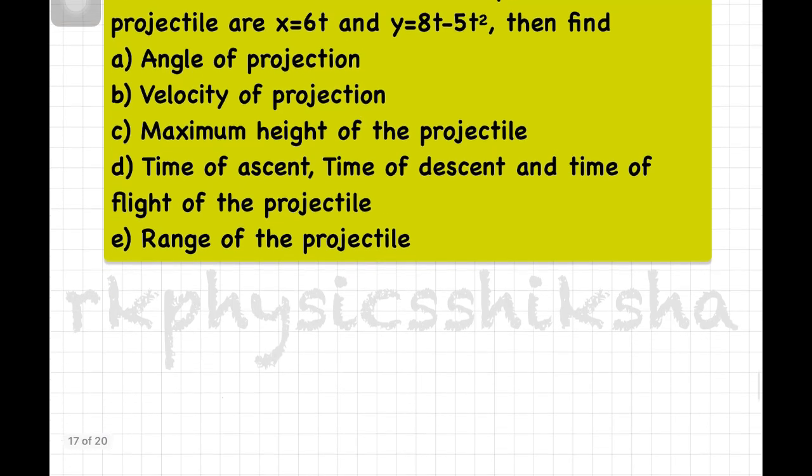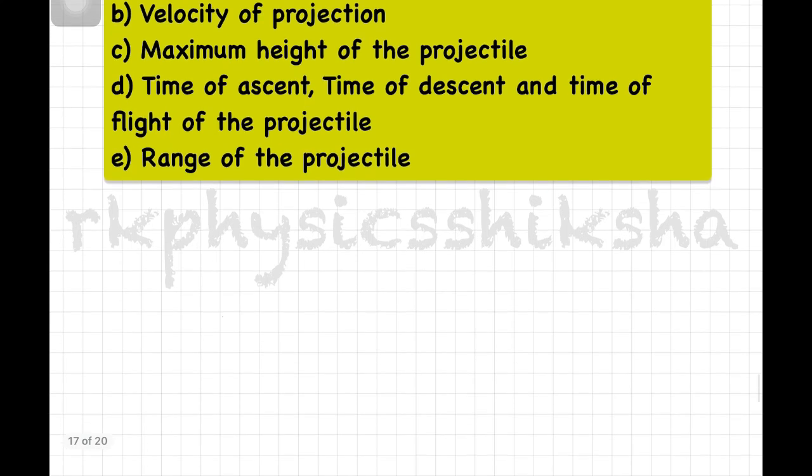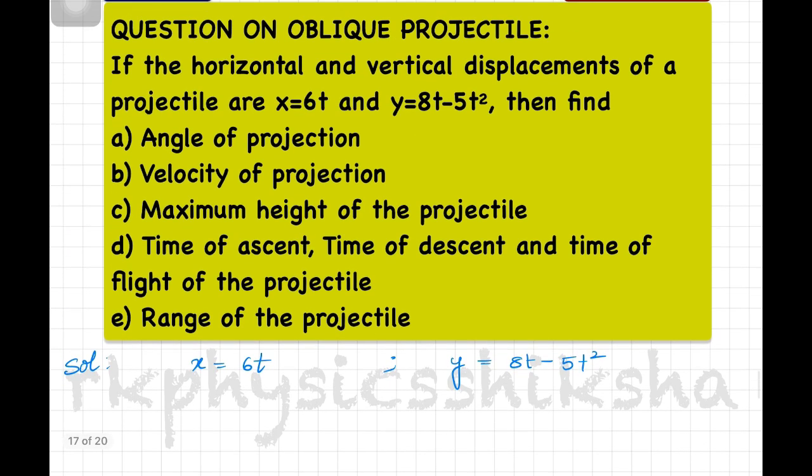So for that, first I have the x value provided here, x is equal to 6t, and in a similar way the vertical displacement y is equal to 8t minus 5t square is what we are given.